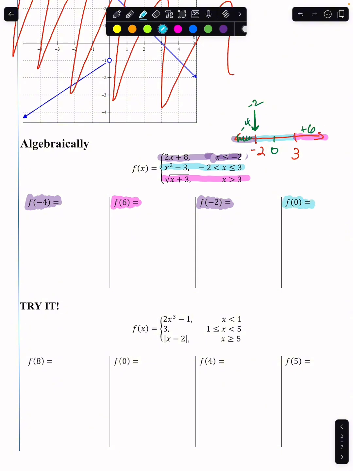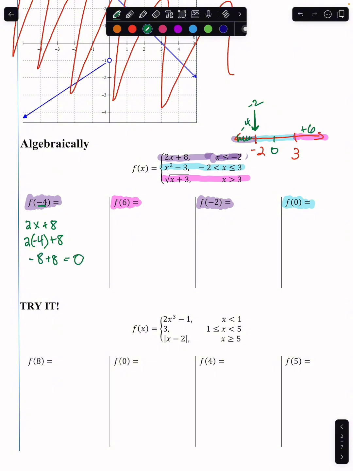Okay, so let's go ahead and solve these. I'm just going to plug them in, right? So if I take -4 and plug it into my purple equation, the equation is 2x plus 8. I got to plug that -4 in where the x was. That's going to equal -8 plus 8 equals 0.